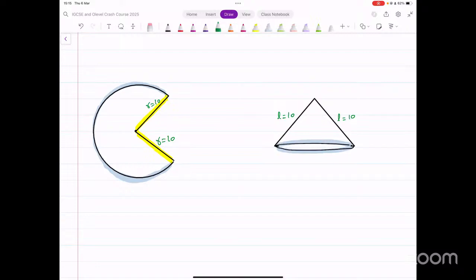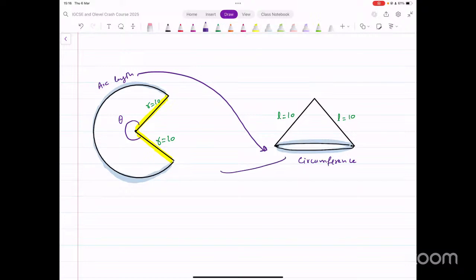So if, for example, this is the arc length, for the cone this is going to become the circumference of the cone. So if you have some information given about the sector, for example, the angle of the sector, and you can find the arc length of the sector from that, you can use that to find the circumference of the cone that you would get.